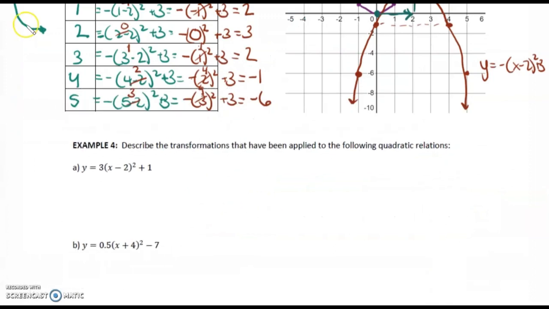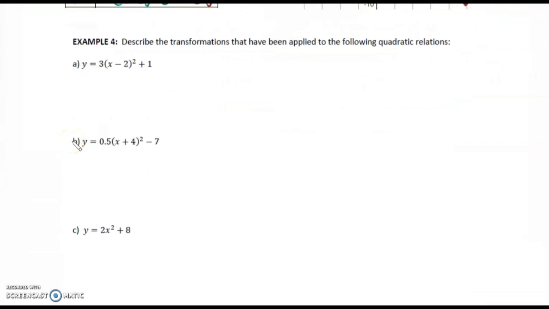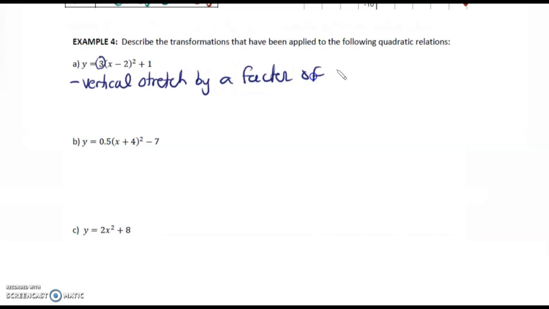Okay, now example 4. Describe the transformations that have been applied to the following quadratic relations. So A is y equals 3 times x minus 2 squared plus 1. Okay, so this is a transformation. This is a vertical stretch by a factor of 3.